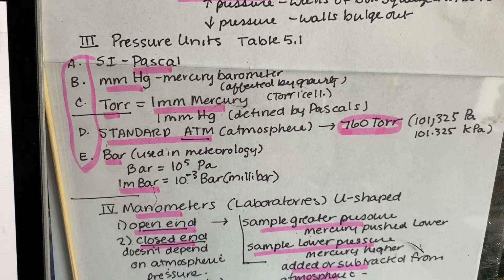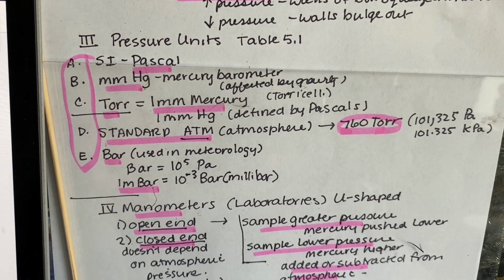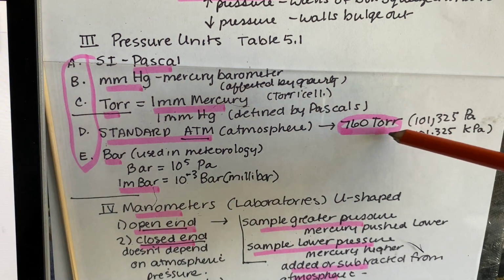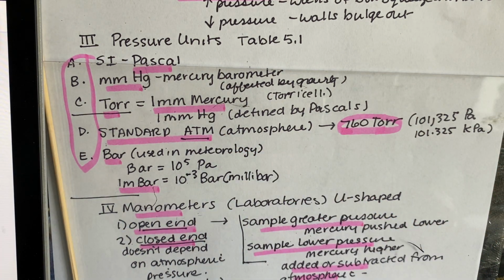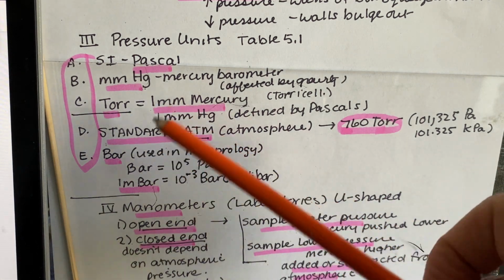Just know pascals are very small, millimeters of mercury are equal to torr, and this number is important: 760 torr in an ATM, which is a standard atmosphere. And if you're in meteorology, you're going to use bars. So basically we measure in torr and sometimes millimeters of mercury, but mainly in torr, ATM, and pascals.